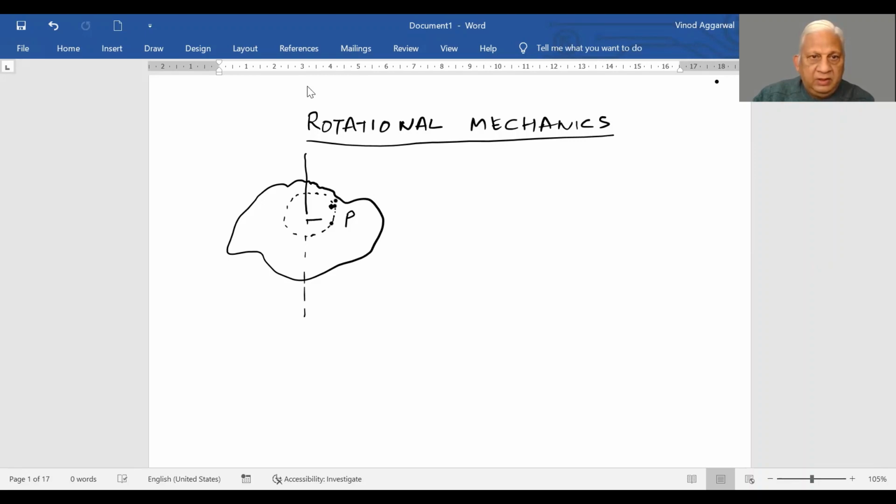Let us say initially it was here, traveled some angle theta.